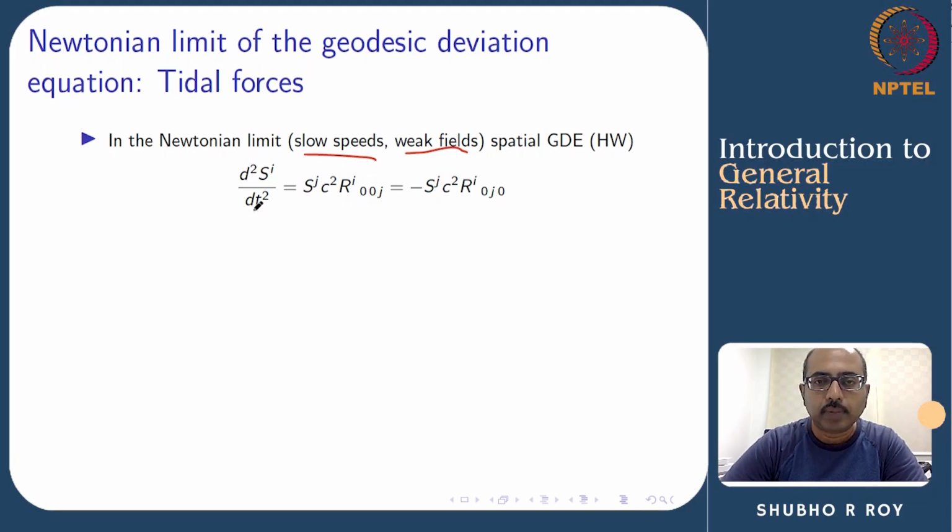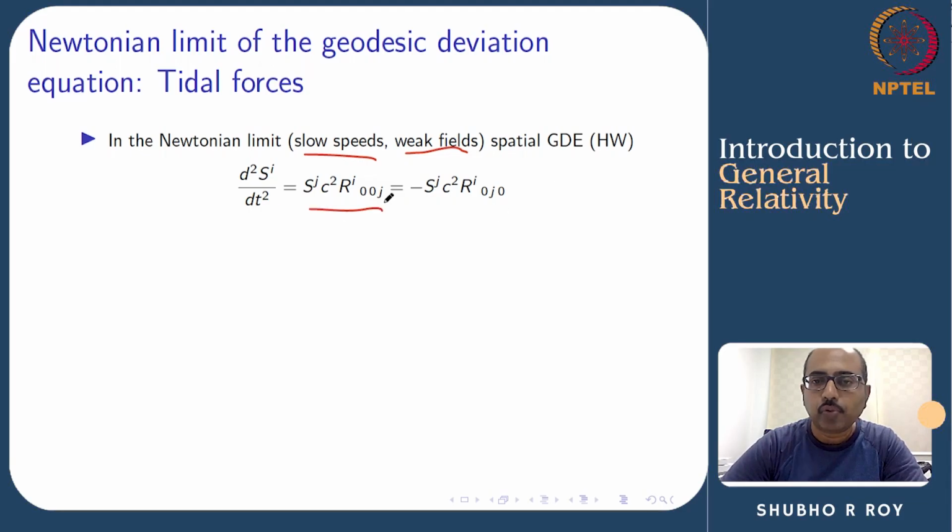So then, for slow speeds, tau derivatives can be replaced by t derivatives, and gamma can be replaced by something linear in the metric perturbation, which will turn out to be lower order. So then, the right hand side of this equation will also simplify.